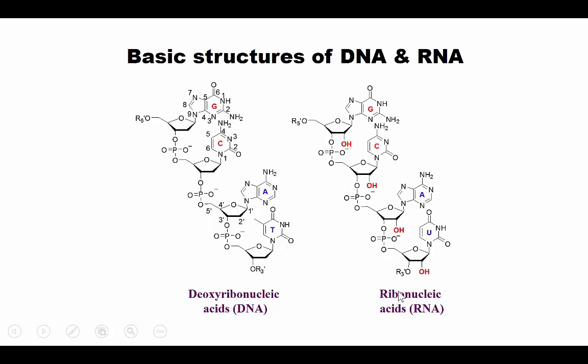That's why DNA is more than 1,000,000 times more stable than RNA structures. That's why we utilize DNA as our genomic structure, and RNA as temporary information, for example, mRNA, messenger RNA. It is unstable, so it's easier to degrade, and then easier to remove.